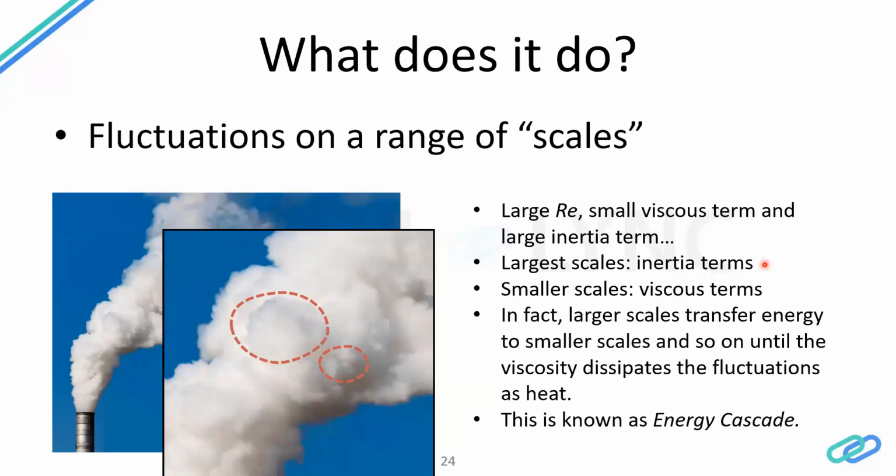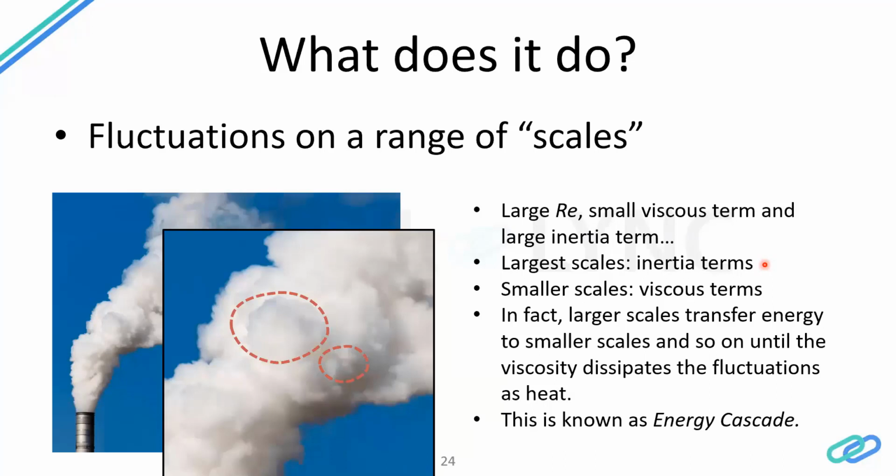But if you go to smaller scales that you cannot even see in this picture, I would like you to imagine that because there is motion between the particles now, the viscous diffusion dominates. The viscous terms dominate.